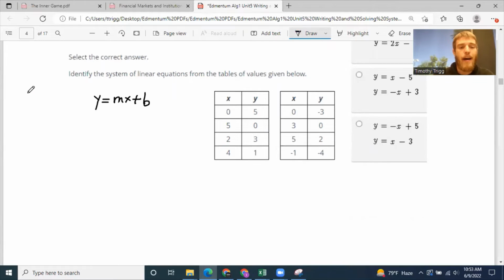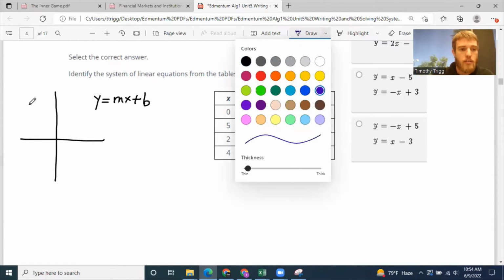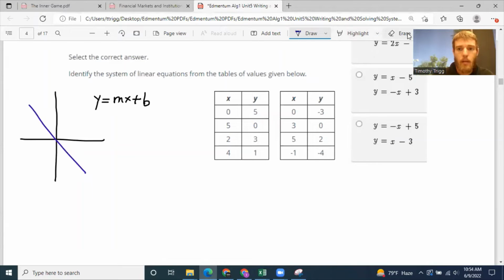Well, the first thing I want to find is my y-intercept. Keep in mind that your y-intercept is wherever your line crosses the y-axis. So if your line crosses the y-axis here, that's your value of b. Now, what is this coordinate point?